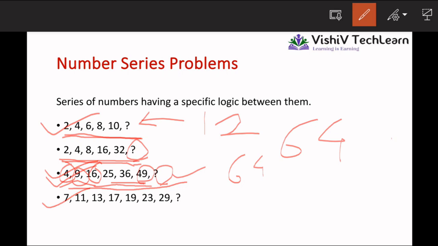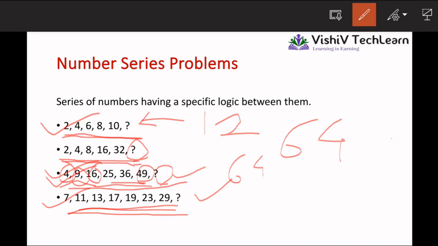And in case of fourth series, this is a special series, and here if you try to find out a logic, I guess you may not get that logic very easily since it is a special series. Those learners and students who are practicing number series topic and problems, those only can be able to solve this. So my request to all the viewers will be, pause the video and try to solve this.